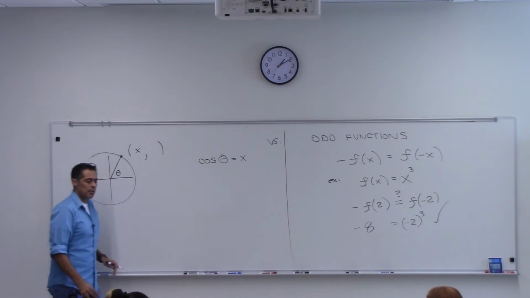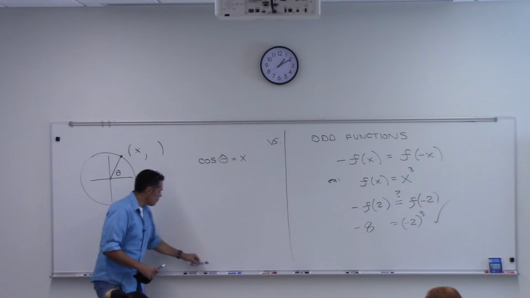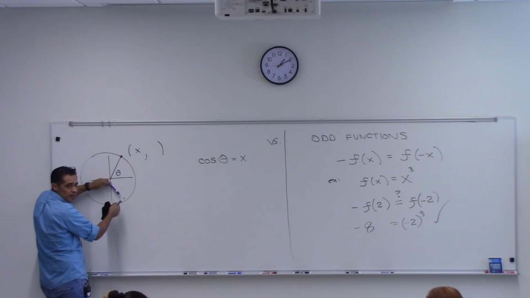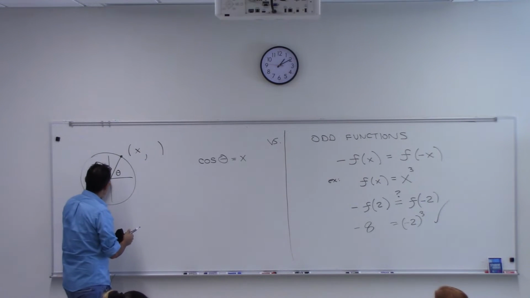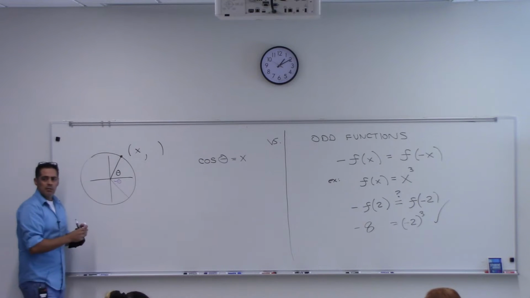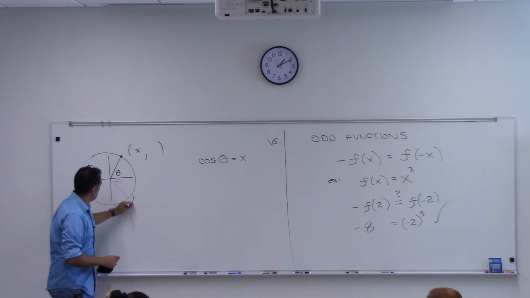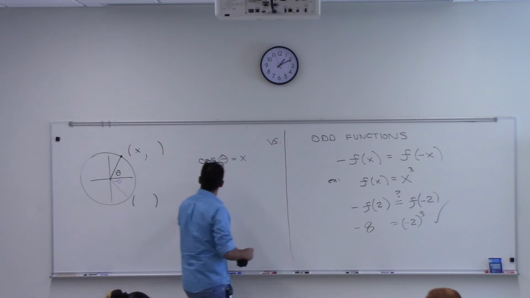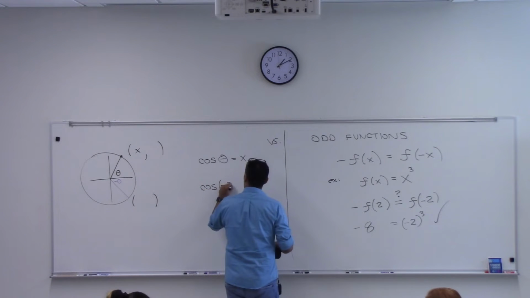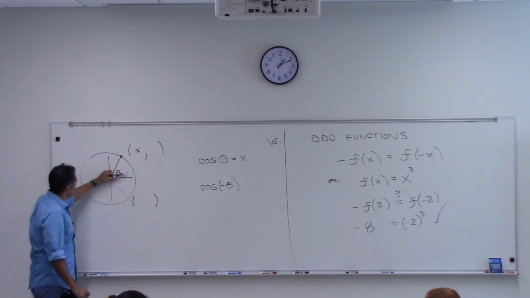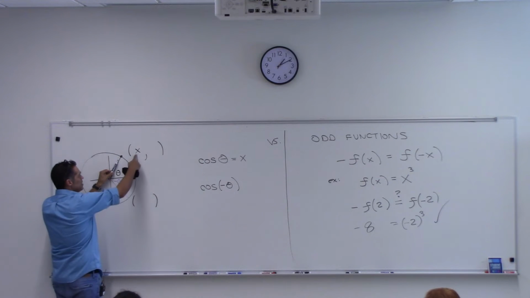Now, what if instead of going theta, I go negative theta? So I go backwards that same amount. Negative theta. Y'all still with me? What would cosine of that negative angle be? Cosine of an angle is the x coordinate.